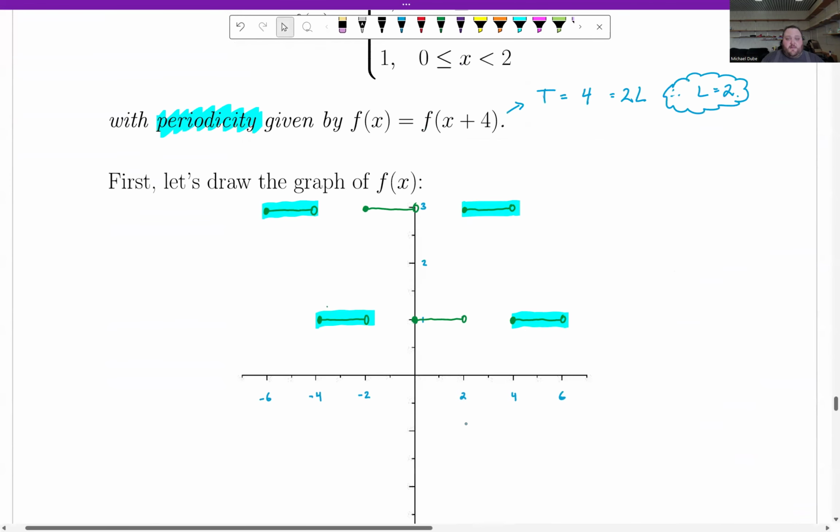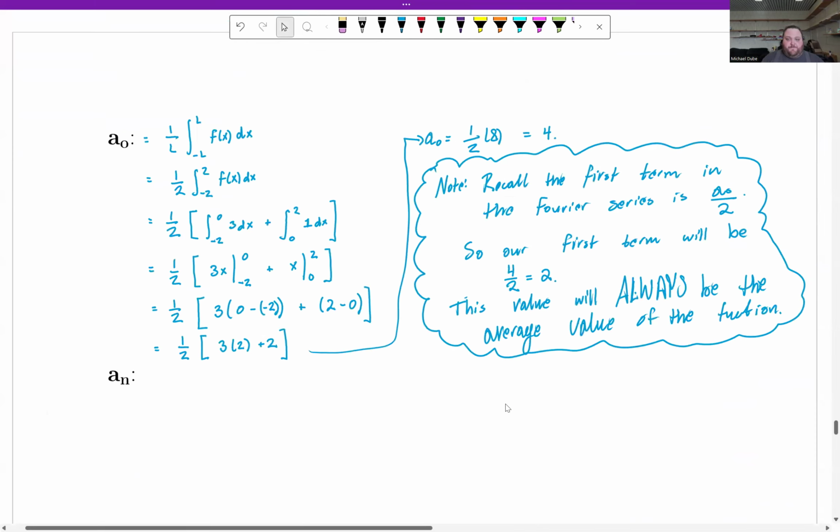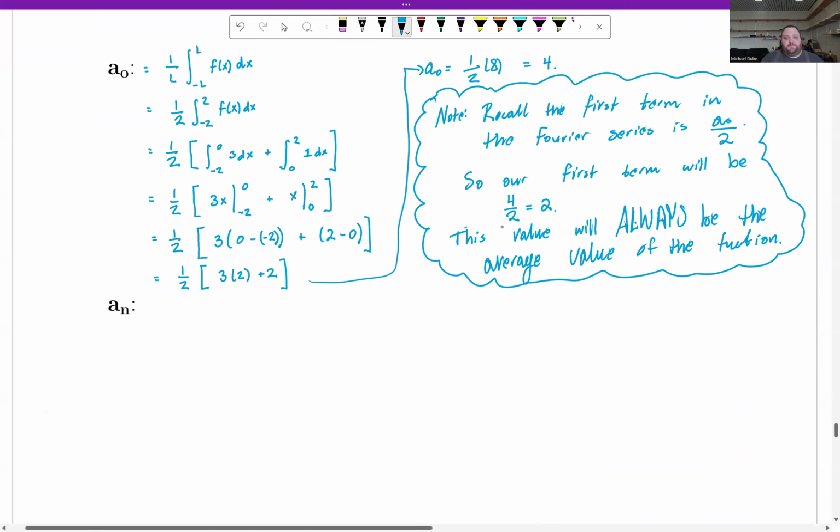Well, half the time the height is 3, right? And the other half the time the height is 1. So on average, the height will be 2, right? Okay, so that first term will always be the average height of the function. Okay, good. Now we're ready to keep on trucking.